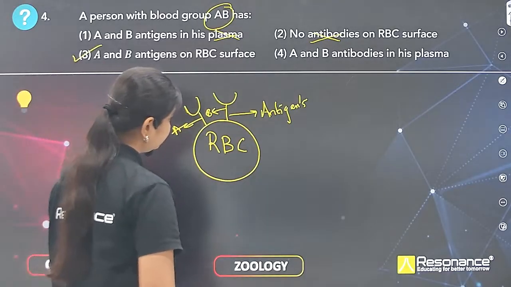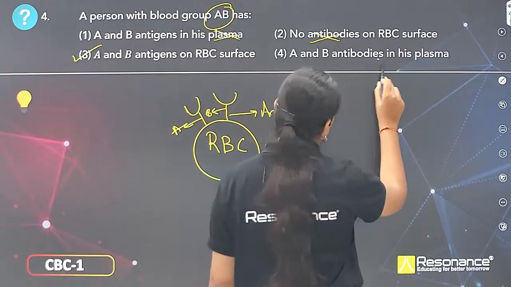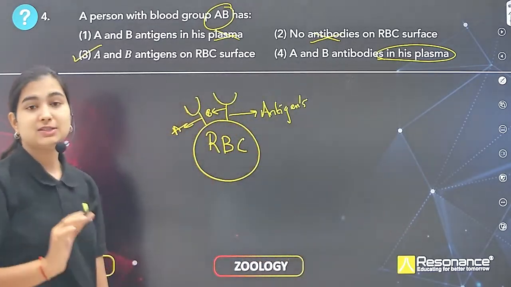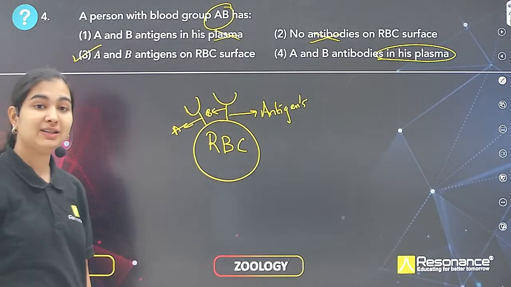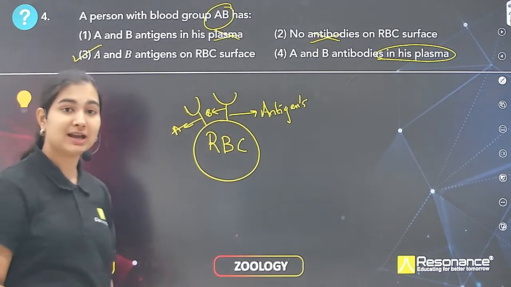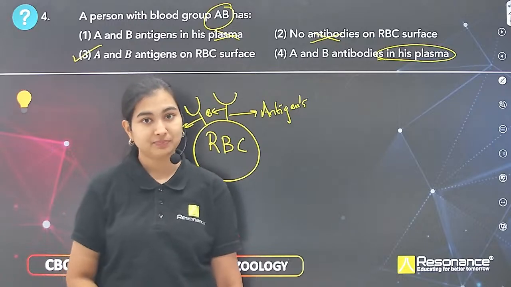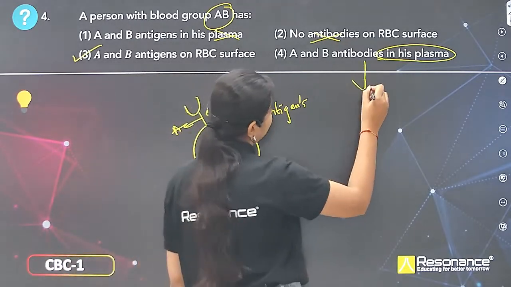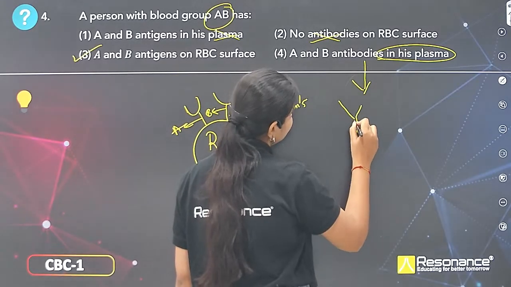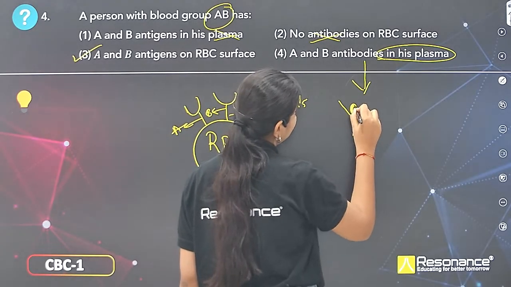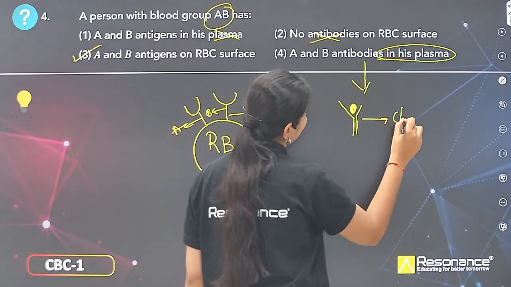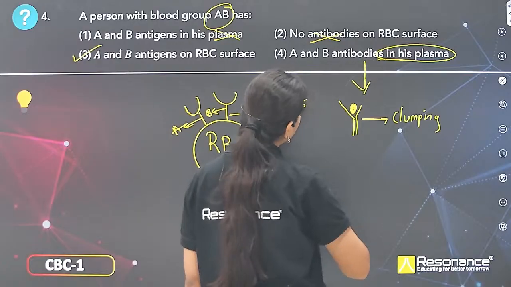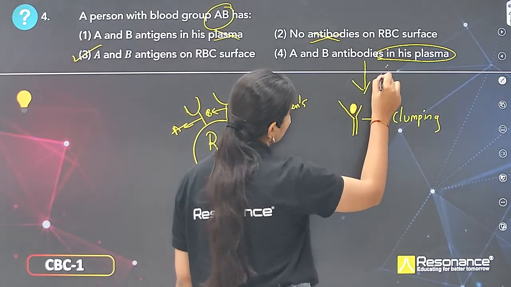Both antibody A and B in the plasma. See, if they are having antigens, just imagine if in the plasma they are having both antibodies, what would happen? That would result in clumping, right? The antigen will bind with the antibody and result in clumping. So this is not possible.